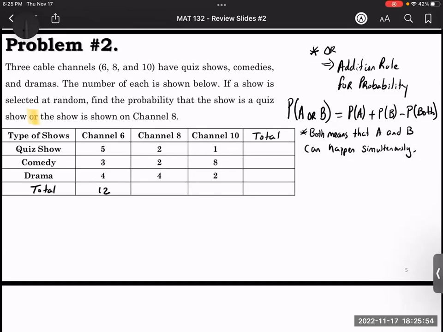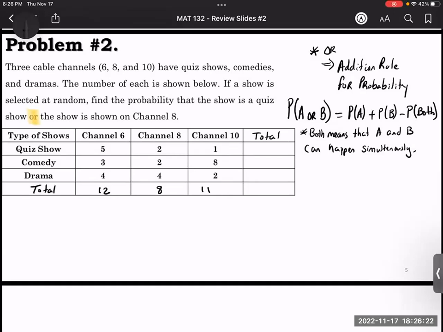Now, if you go to channel 8, there's 2 quiz shows, 2 comedies, 4 dramas. So in total, how many shows? There's 8. If you go to channel 10, there's 1 quiz show, 8 comedies, 2 dramas. So in total, that is 11 shows on channel 10.